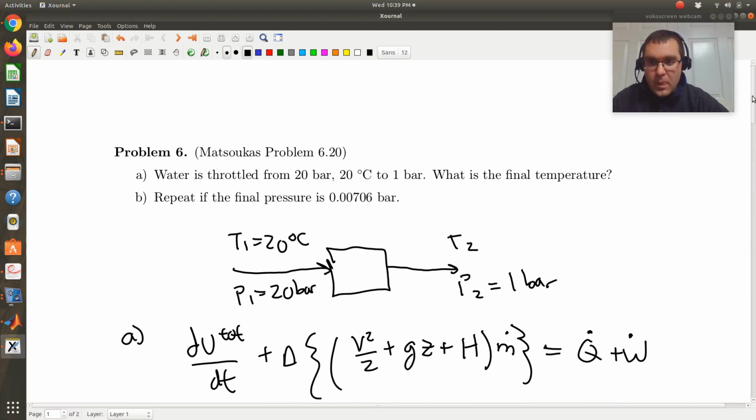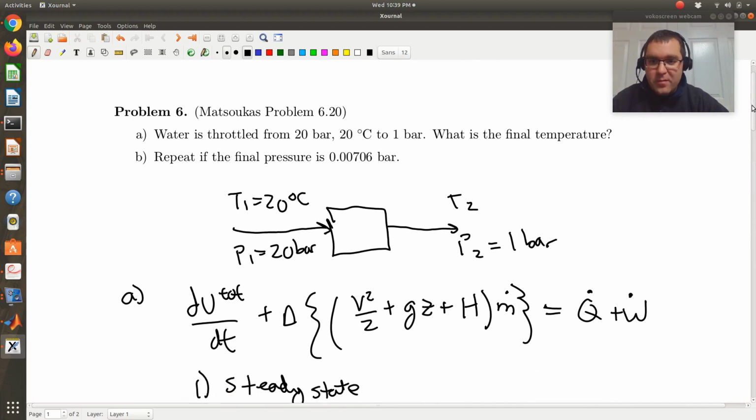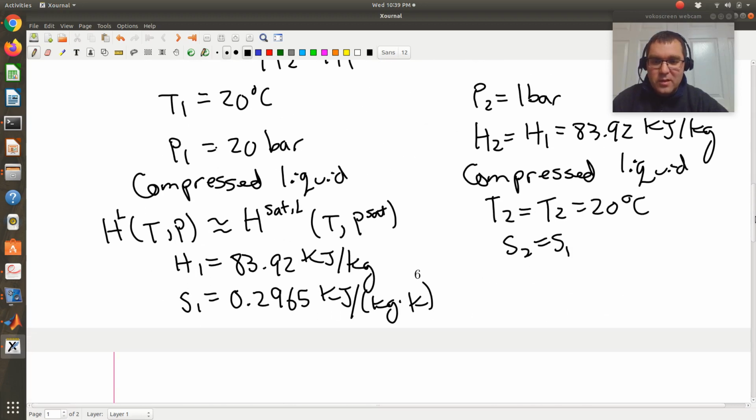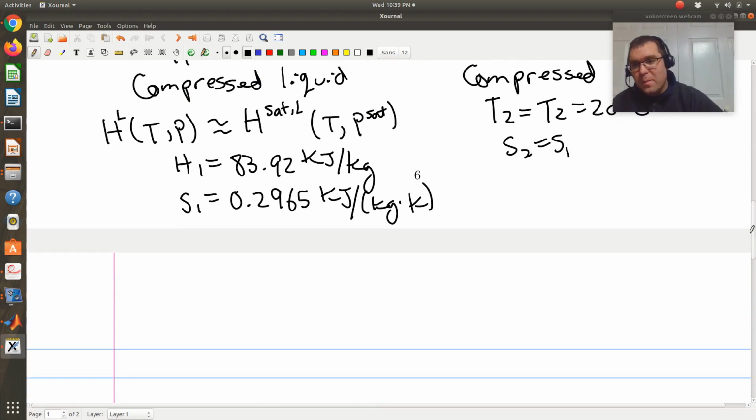All right, and then we're asked to repeat if the final pressure is instead 0.00706 bar. So in part B, we're going to repeat.